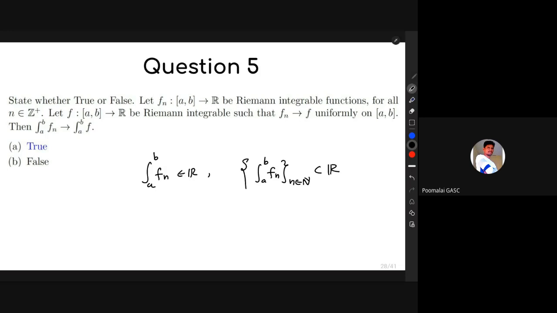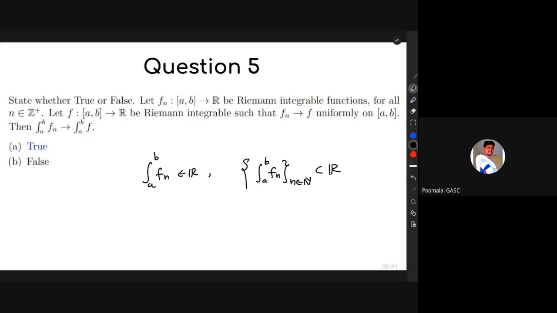Now it is asked that this real number sequence converges to this real number as n tends to infinity.